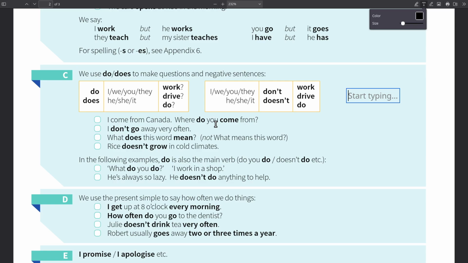But when we are talking about an information question, in this case a double question, we are talking about getting more information about the question. For example, where do you come from? Where do you come from, right? We are asking for information, in this case a place, right? That's different from a yes or no question.